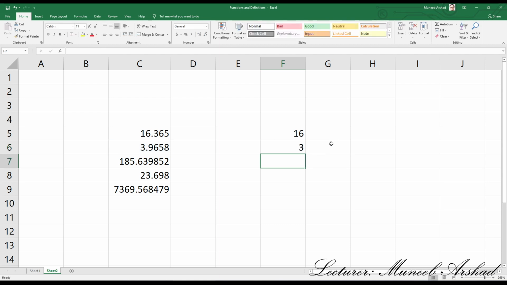I hope the concept is clear. So 185.6, if rounded off in maths as a whole number, should come out to be 186. But when we apply equals to round down on this particular number, it will not round it off to 186, but it will keep it at 185, because that is the function of round down. It will forcefully round the figure down to a whole number, which is 185.